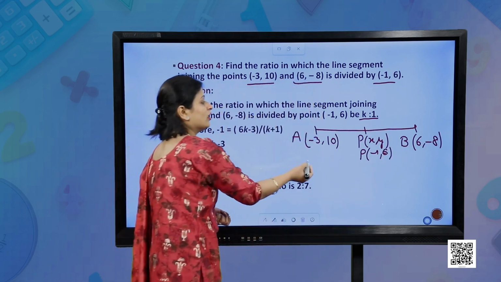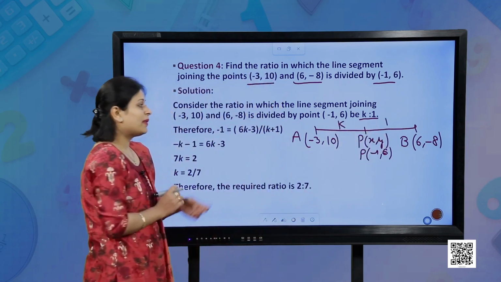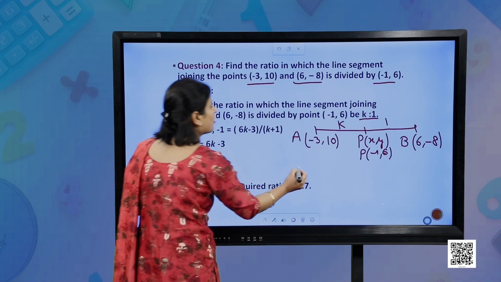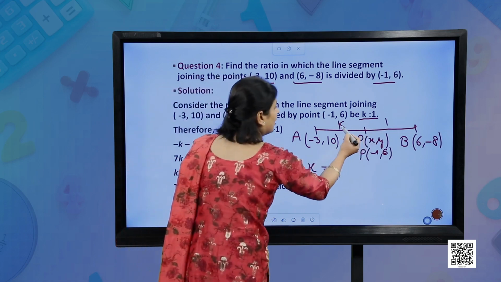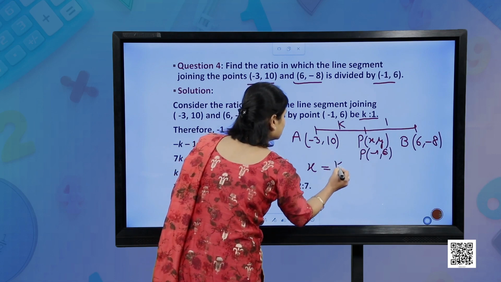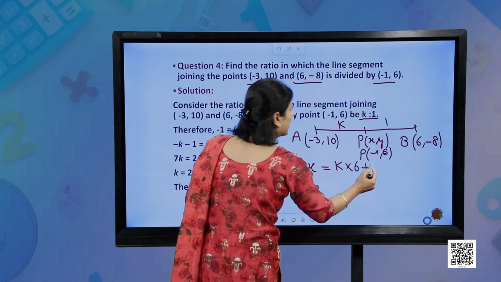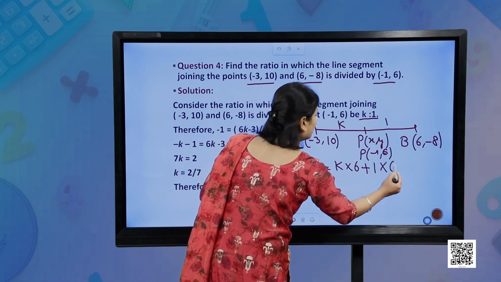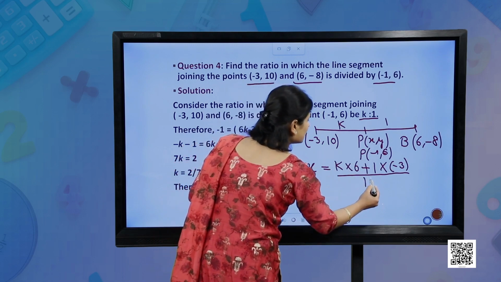And we need to find out the ratio, which I have considered as k:1. So, apply the section formula for x. How will you find it? x is k into 6 plus 1 into -3 divided by the sum of the ratios, which is k plus 1.